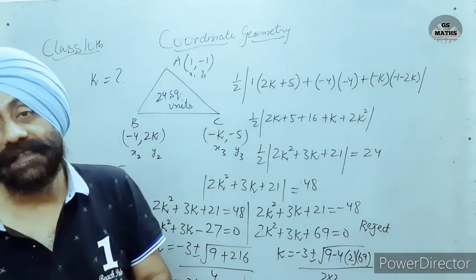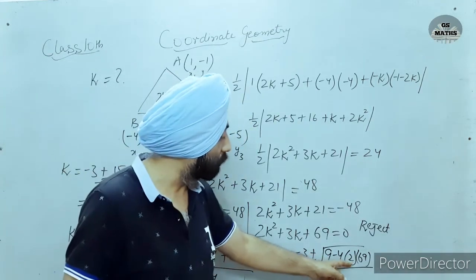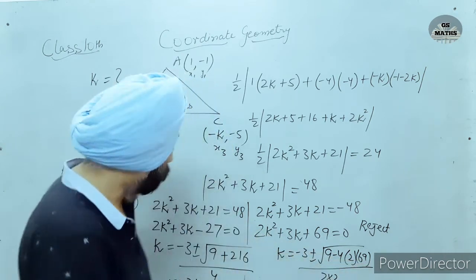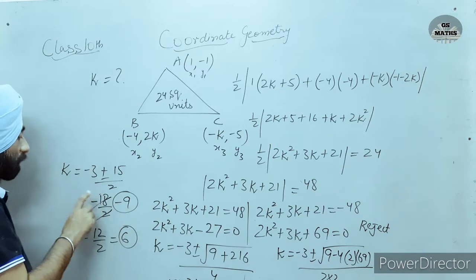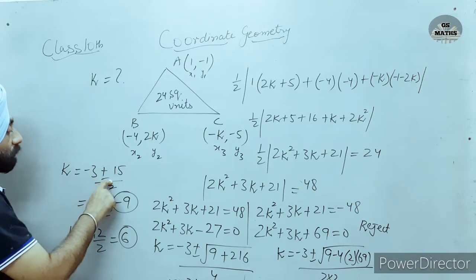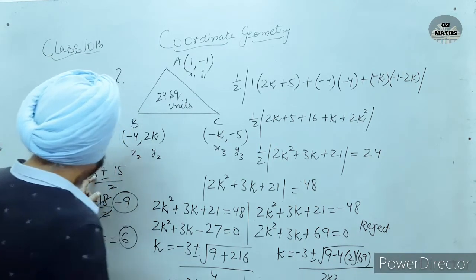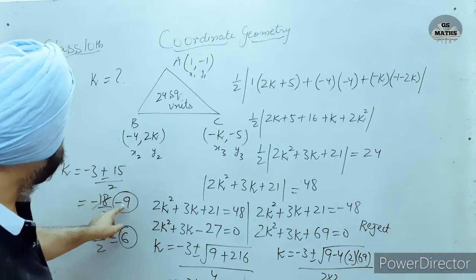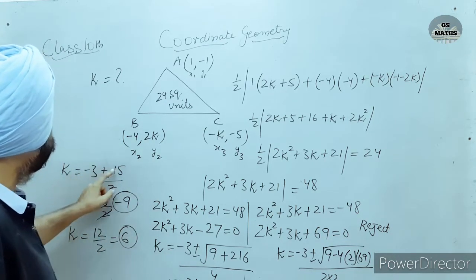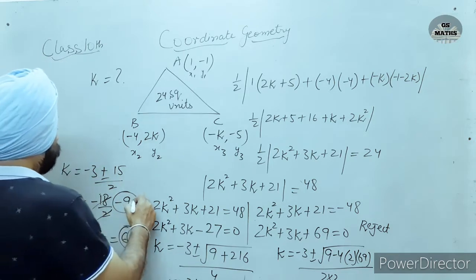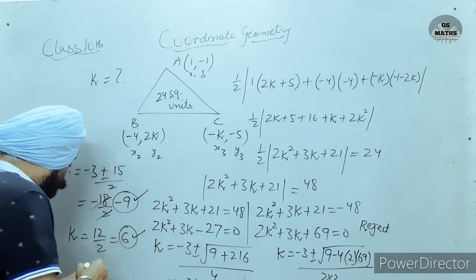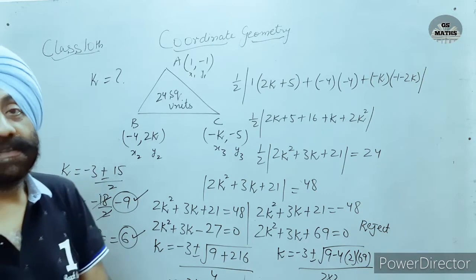The discriminant is negative. B square minus 4ac will be negative. So we take this condition only. k is equal to minus 9, after taking the negative sign, minus 3 minus 15 is minus 18. Minus 18 divided by 2 is minus 9. And minus 3 plus 15, that is 12 by 2, is 6. So I get the two values, k as minus 9 or k as positive 6.